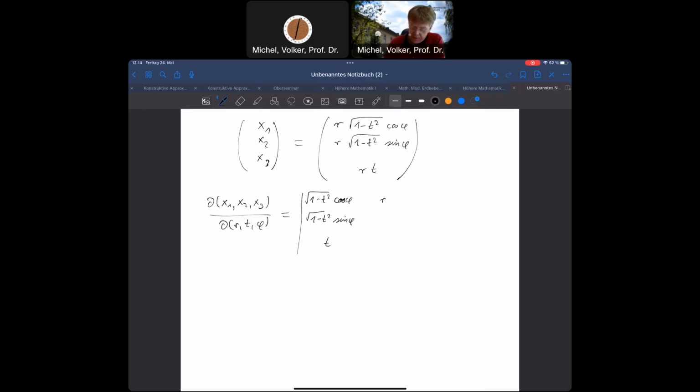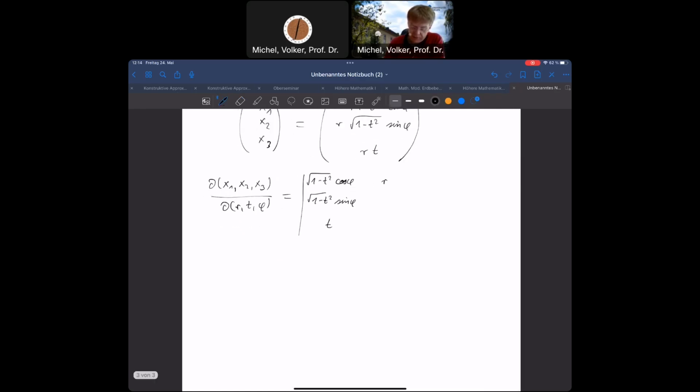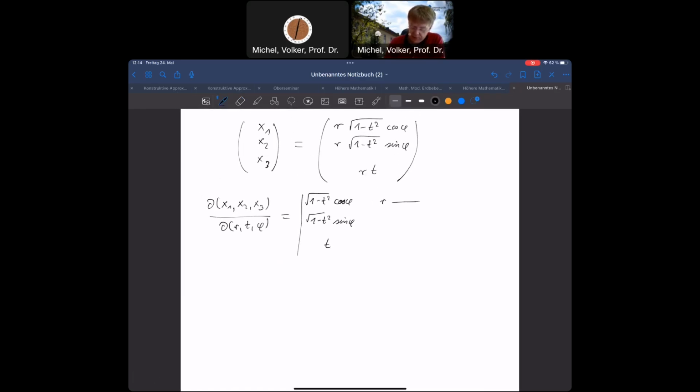So we have an r, then we have the square root here. The external derivative of the square root would be 1 over 2 times the square root. And you know we need the chain rule. The inner derivative would be minus 2t, and you can immediately cancel out the 2 here. We should not forget the cosine phi in the end.